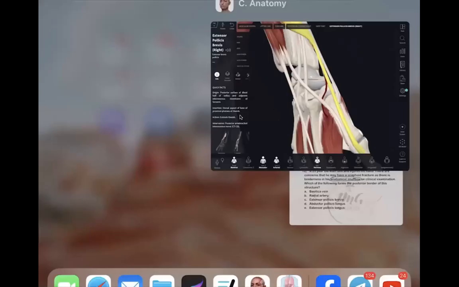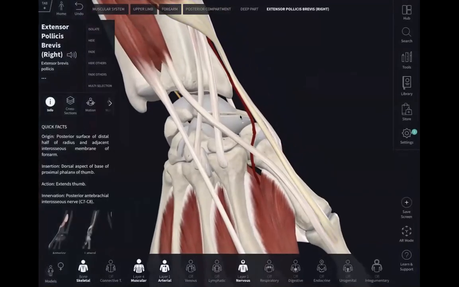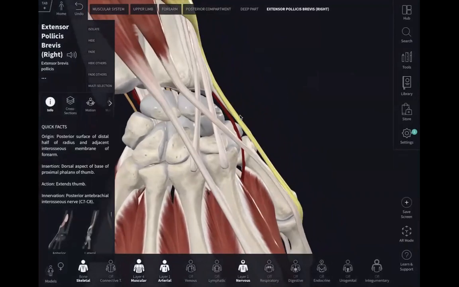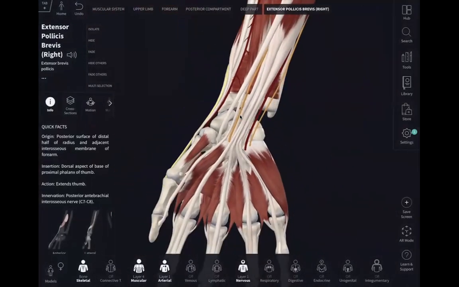Okay, so let's see if we can find which of the following forms the posterior border of this structure. What does it mean by the posterior border? Is it lateral or medial border? Right, because when you put the hand like this, this is the anatomical position of the hand.